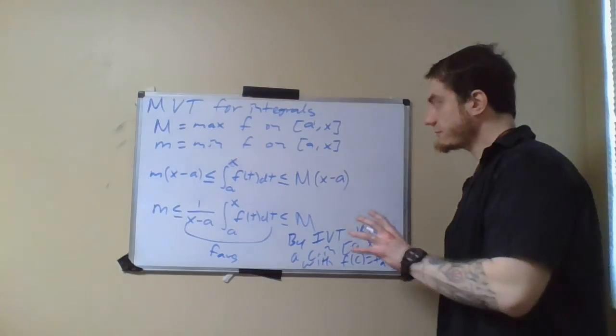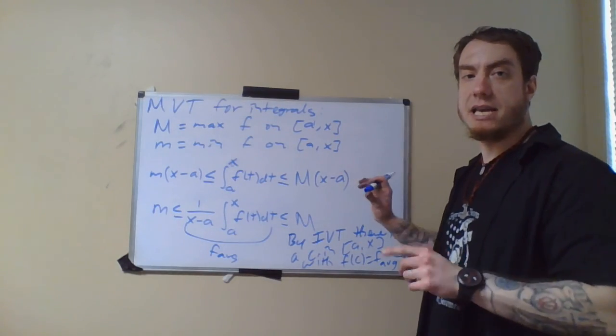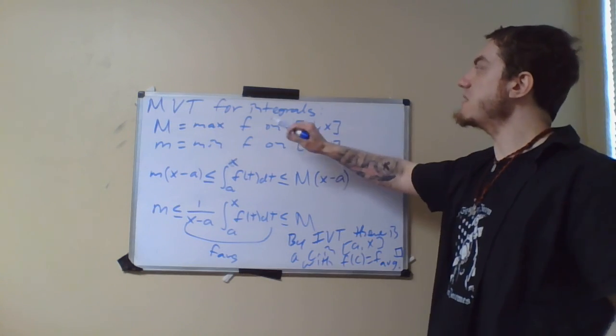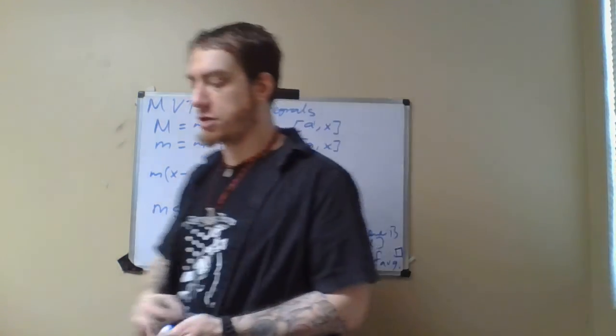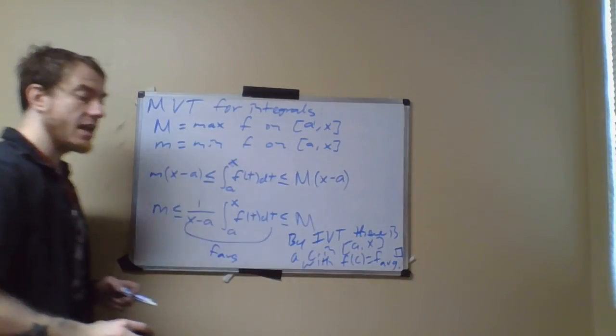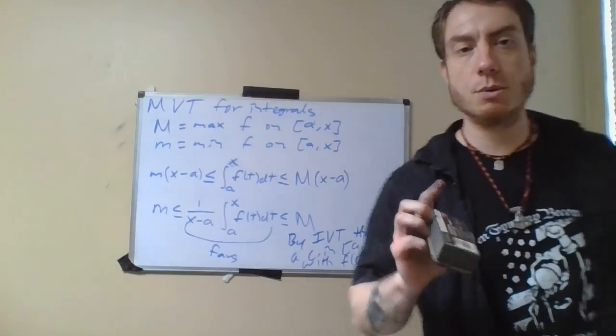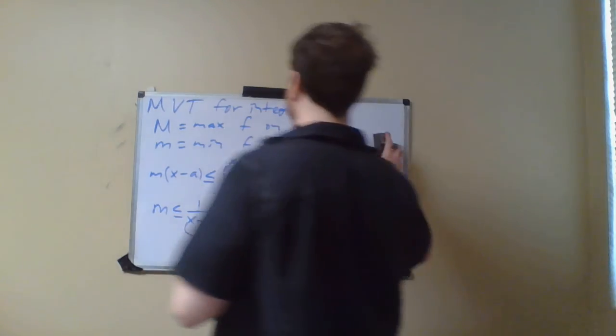Now, the thing that you might be wondering is, what's the connection? Because this is the mean value theorem for integrals. How is this connected to the mean value theorem for derivatives? Well, the answer is the two are equivalent and they are related by the fundamental theorem of calculus.